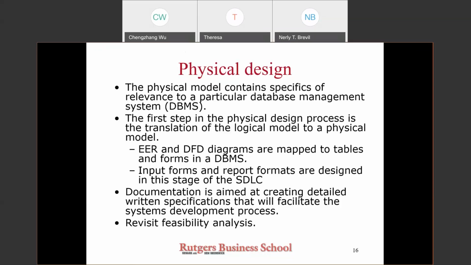The physical design process begins with the translation of a logical model to a physical model and concludes with the documentation of the physical model.